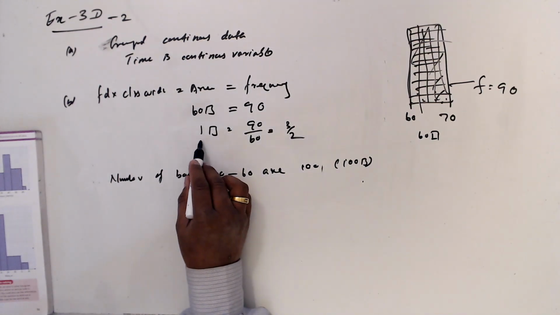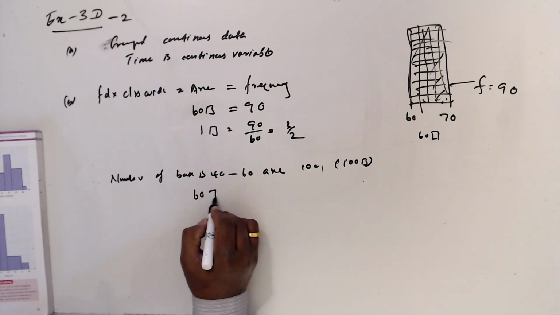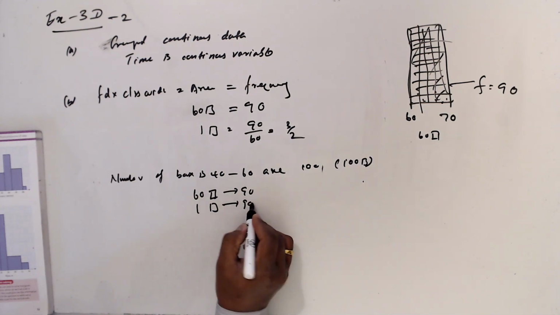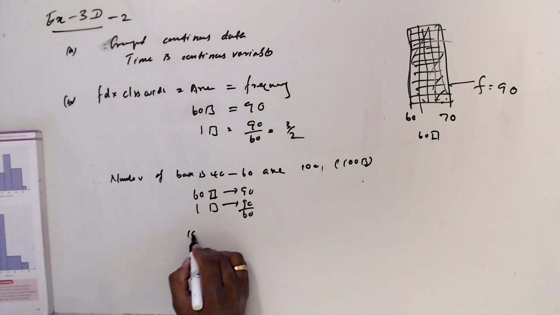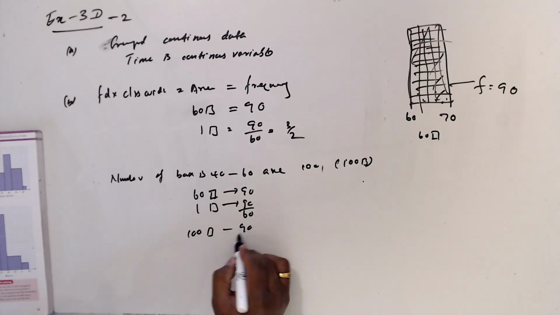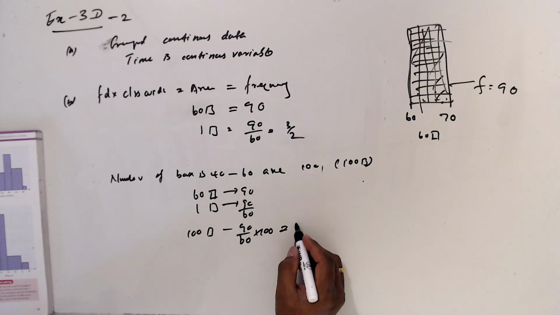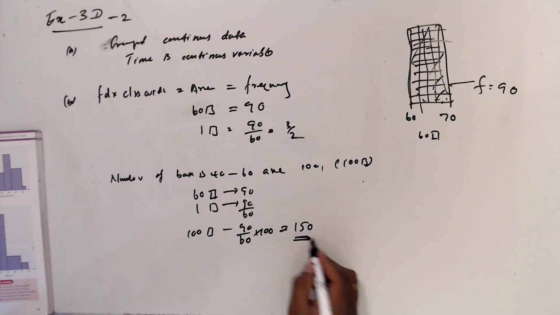Then 60 boxes is 90, one box is 90 divided by 60, and 100 boxes is 90 divided by 60 multiplied by 100. So it's going to be 150.